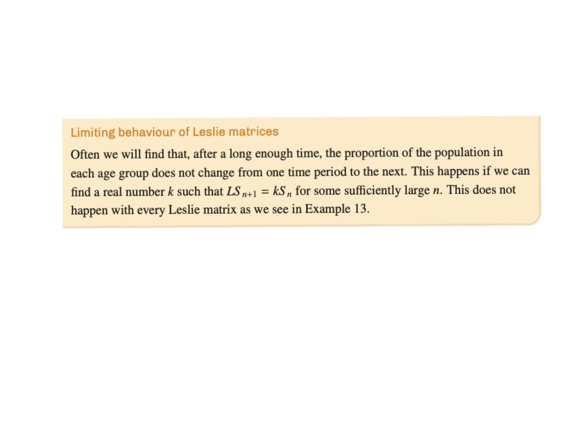That means if we raise it to a high power, we see that they do not change. But as it says there, it does not happen with every Leslie matrix. So if they ask you to find out what happens in the long run, just do it to a high power. It's not true for everyone, so hopefully they'll say it doesn't happen.